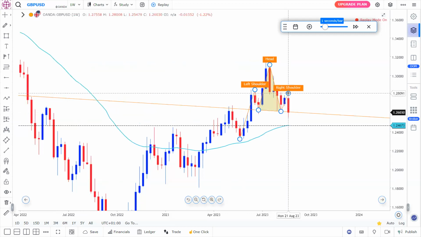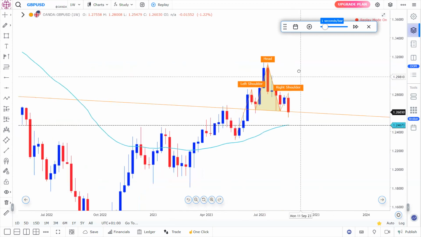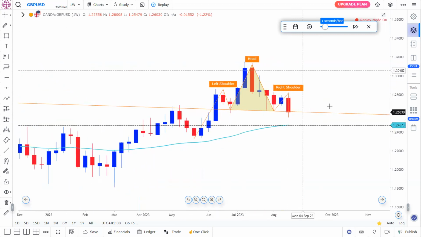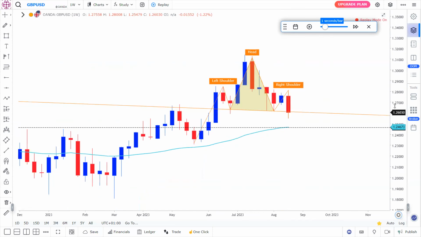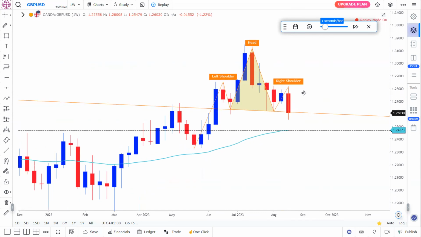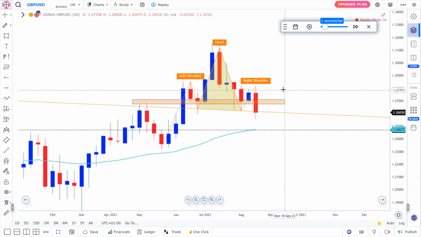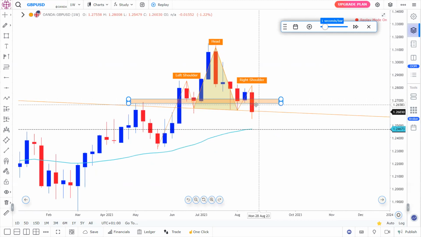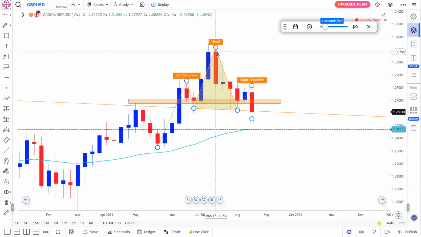And then with a confirmed break of the neckline, we have a confirmed break of the neckline somewhere around the level, this is where we had the confirmed break of the neckline of our head and shoulder pattern.